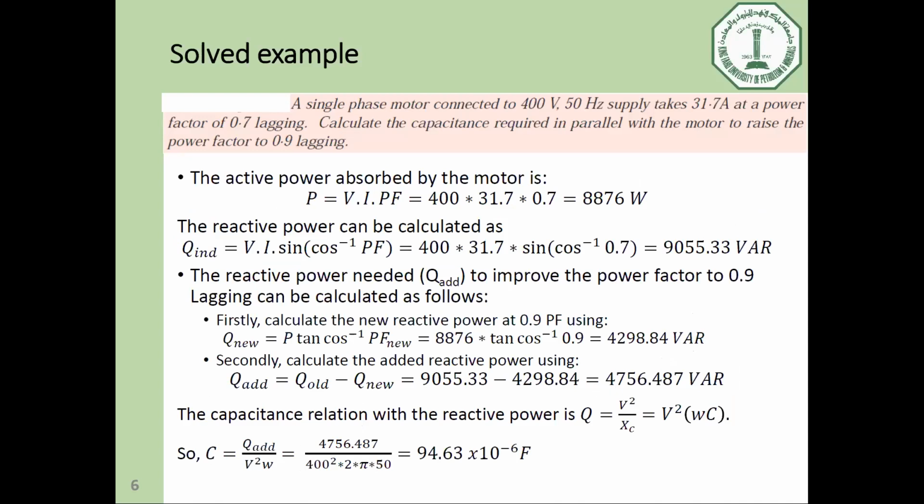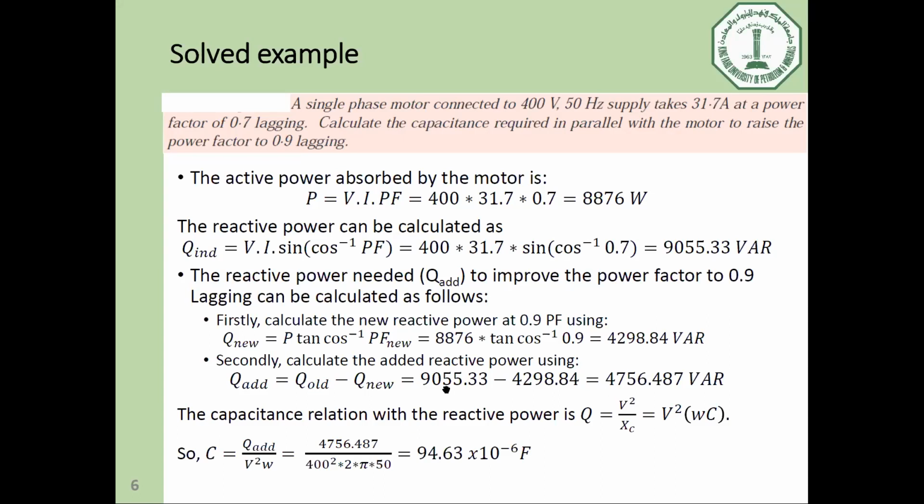So the amount of reactive power obtained from the supply should be the difference. Is it right? Because the reactive power absorbed by the load should be obtained from both the capacitor and the supply.